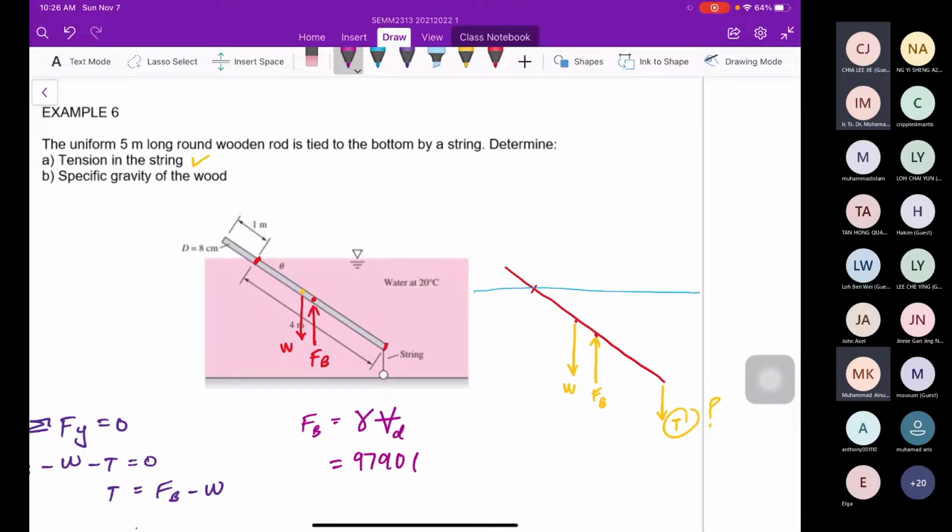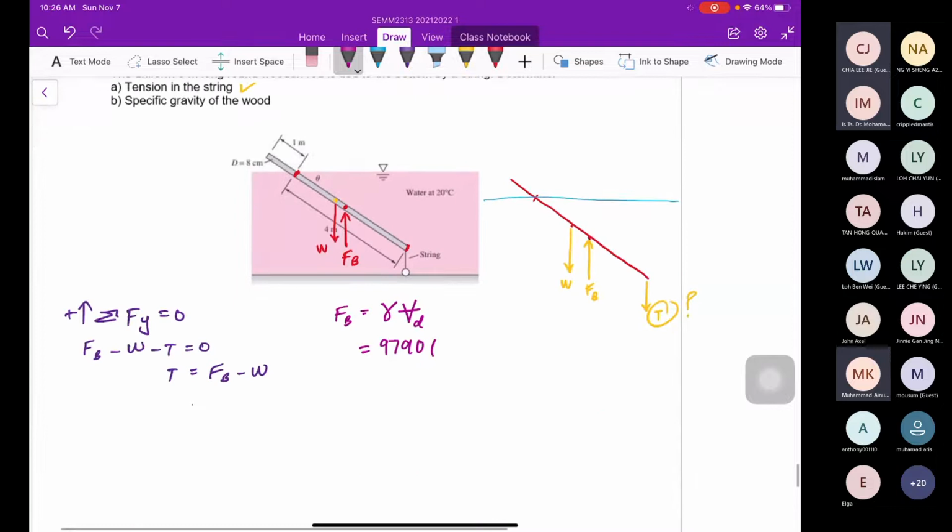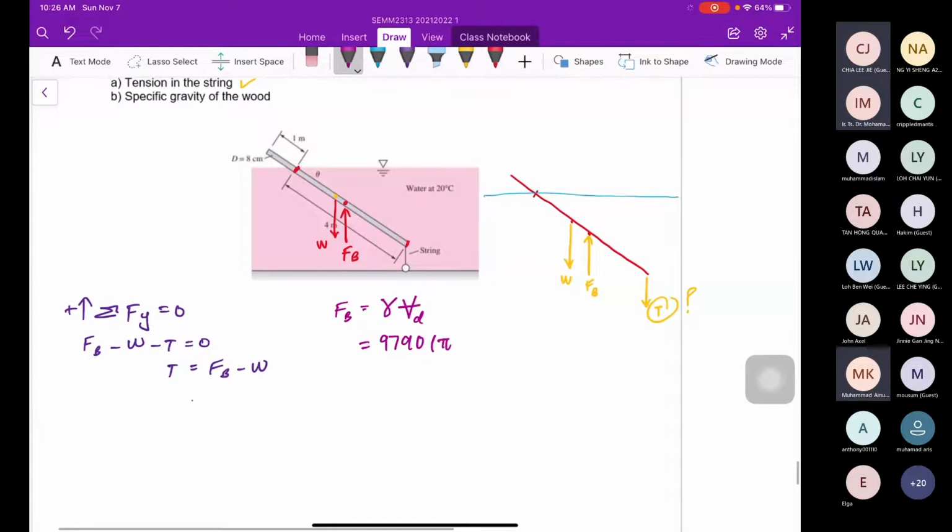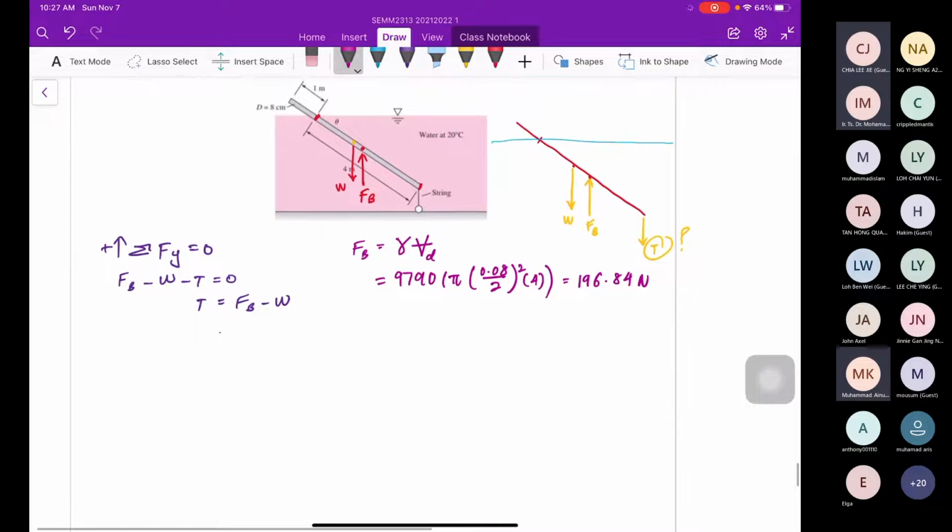So we use the volume of a cylinder, pi r squared, where the radius is 0.08 divided by 2, squared, multiplied with the height, which is 4 meter. You will get the answer, the buoyancy force, to be 196.84 Newton. So, you can substitute in this value here.